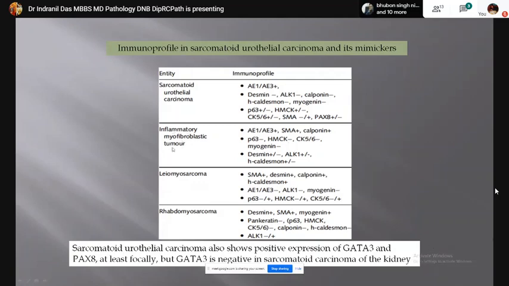The inflammatory myofibroblastic tumor is also pan-cytokeratin positive, but negative for P63, and ALK1 expression may or may not be there. The leiomyosarcoma shows H-caldesmon staining and rhabdomyosarcoma is obviously desmin and myogenin positive. The sarcomatoid urothelial carcinoma shows urothelial specific markers like GATA3, but GATA3 is negative in sarcomatoid carcinoma of the kidney.